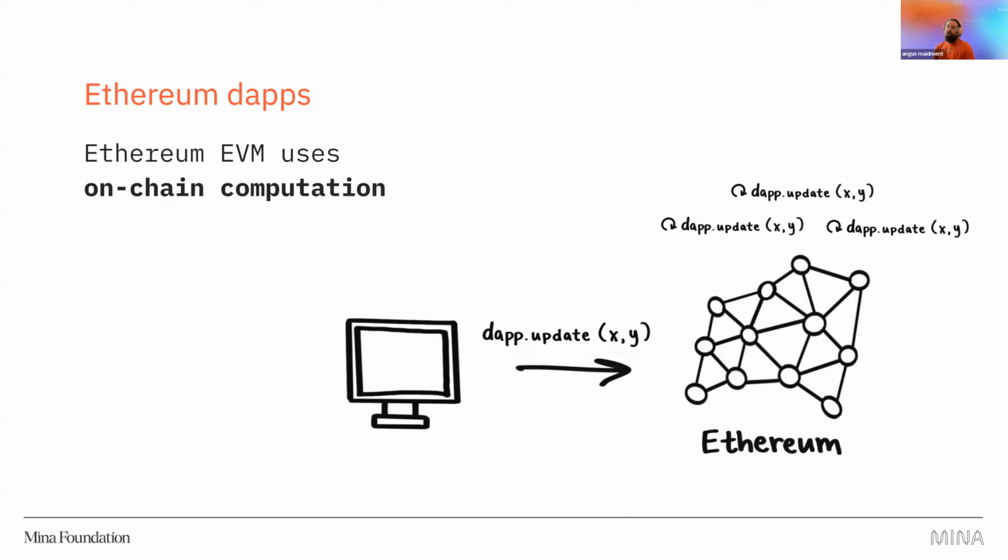So some user wants to use a smart contract, and they use some sort of app, probably a web app. They call a smart contract function that they want to use to update the state or do some sort of transaction, and then that gets passed to the Ethereum network, and the nodes on the Ethereum network run the smart contract.